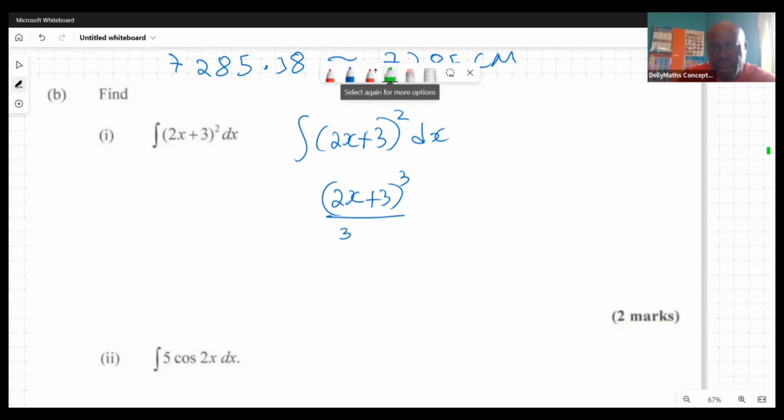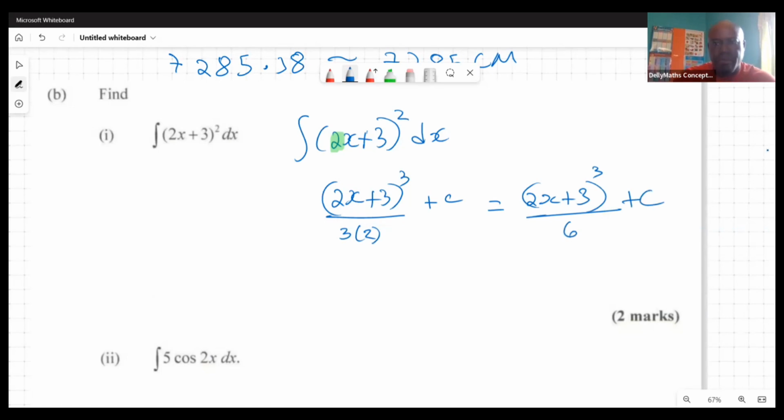And ordinarily, you would have multiplied by the 2, but in the integral, you're going to divide by it. And then there's a plus c. So finally, our answer is 2x plus 3 raised to the third over 6, plus c. So that's the integral for that.